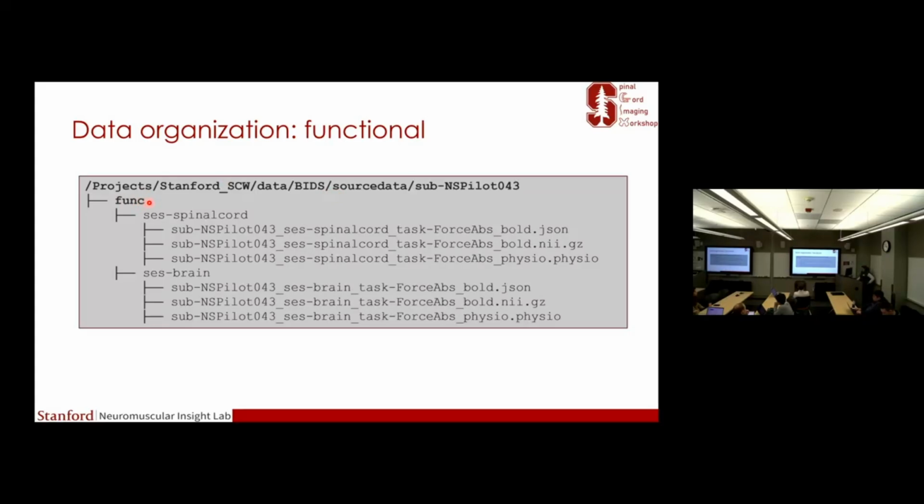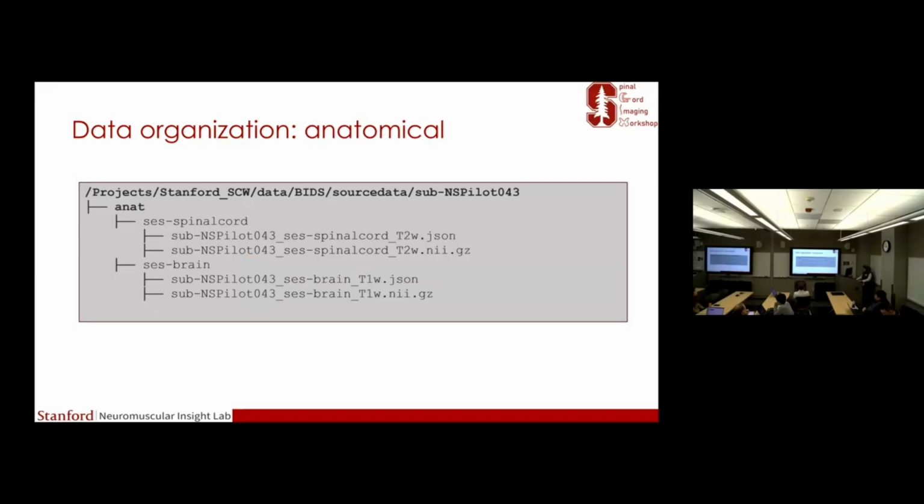So there's a functional data folder, and for corticospinal fMRI, as Dimitri mentioned this morning, we separate the spinal cord and brain, and we put them in different sessions. Although they are acquired in one session, this is the best way to adapt BIDS to our needs.